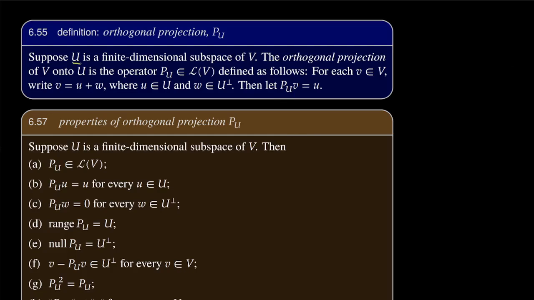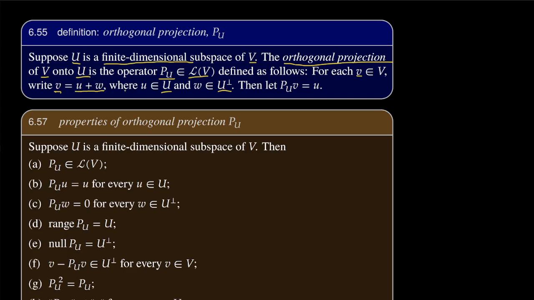If you've got U, a finite dimensional subspace of a vector space V, particularly one with an inner product, which need not itself be finite dimensional, we're going to say that the orthogonal projection of V onto U is the operator P_U in L(V), a linear operator on V, that takes V, written as a direct sum of a piece that lives in U and a piece that lives in U perp, and gives you back the piece that lives in U. So, since you can write every vector V as something in U plus something in U perp, you can just map any vector V to the piece that lives in U. Nice.